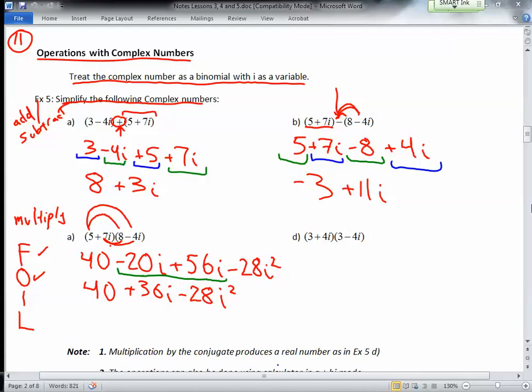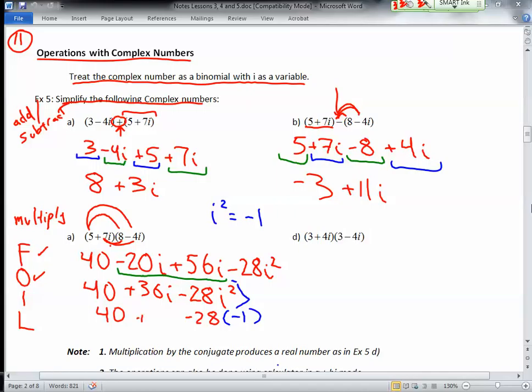I know what i squared is equal to, right? We talked about in the beginning, i squared is equal to negative 1. So I'm going to need to change this to a negative 1 and multiply by it. So that means this is going to become a negative 28 times negative 1. So it'd become a positive 28.